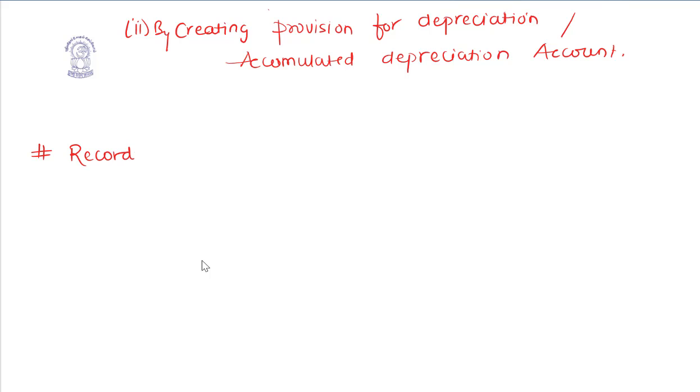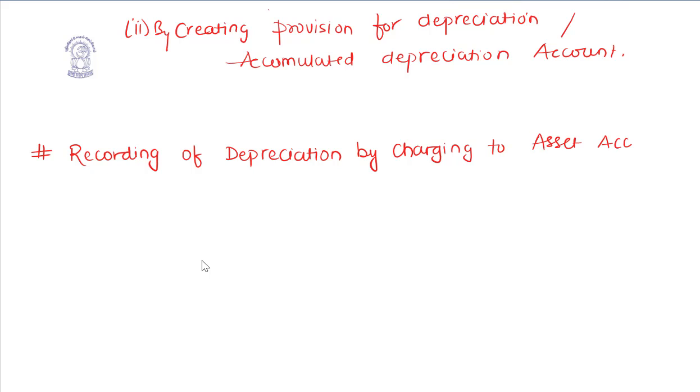Just write the next point, that is recording of depreciation by charging to asset account method.